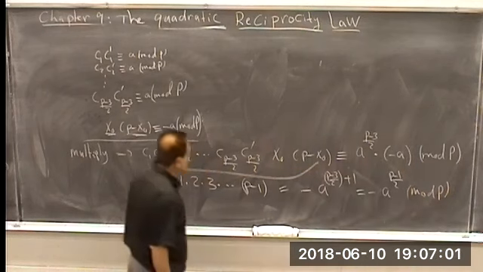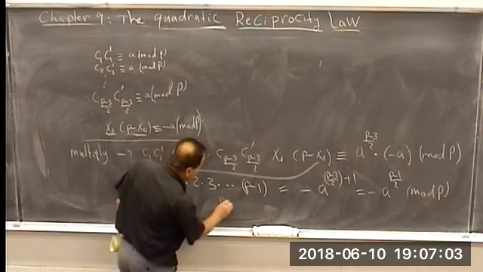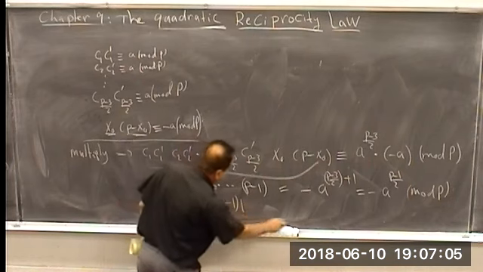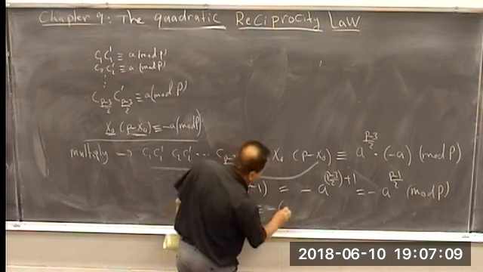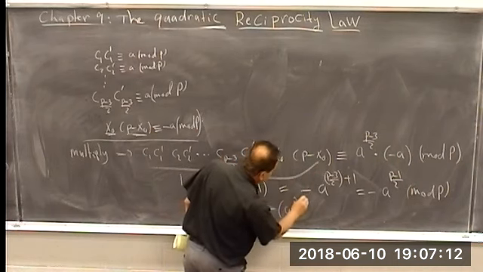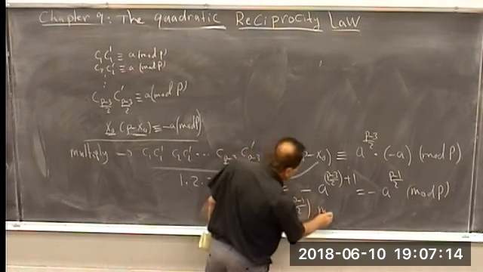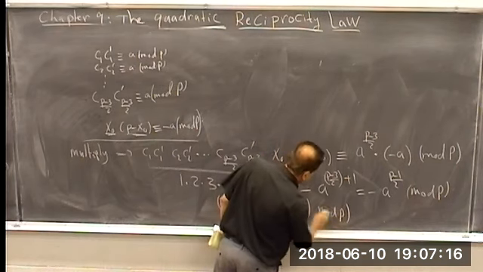The left-hand side is p minus 1 factorial, congruent to negative a to the power of p minus 1 over 2 mod p.